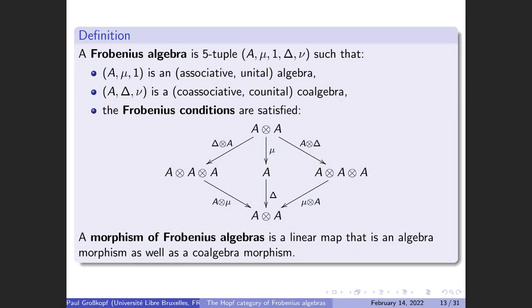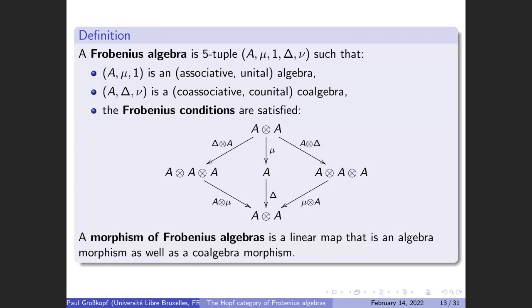And I particularly want this Frobenius condition. This is the way it looks in an algebraic diagram, but it is basically the same as the sketch we saw. So this is a Frobenius algebra in general. If we impose commutativity or co-commutativity conditions on it, we speak of a commutative Frobenius algebra.